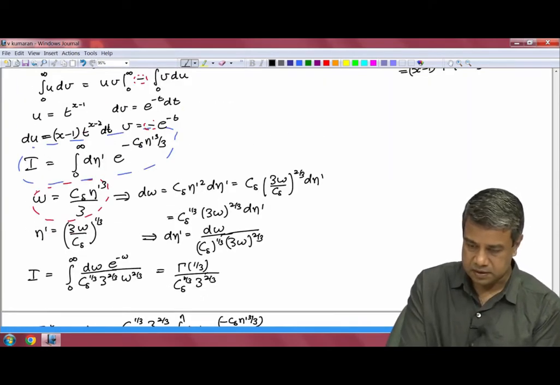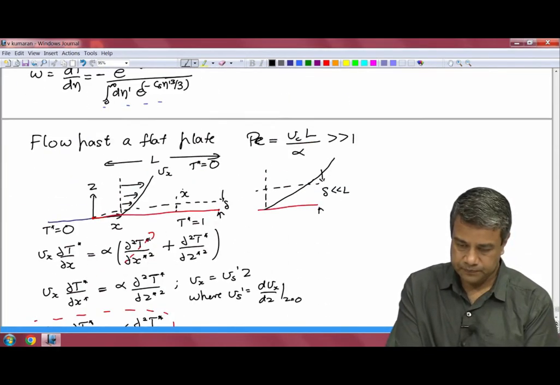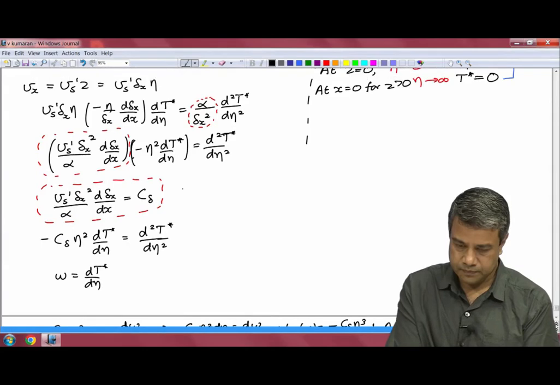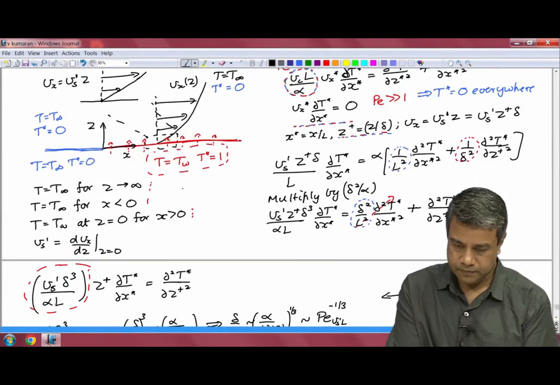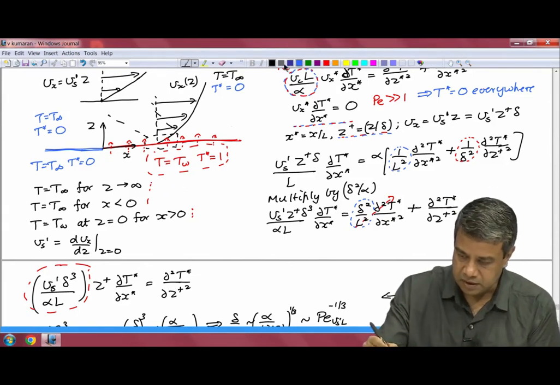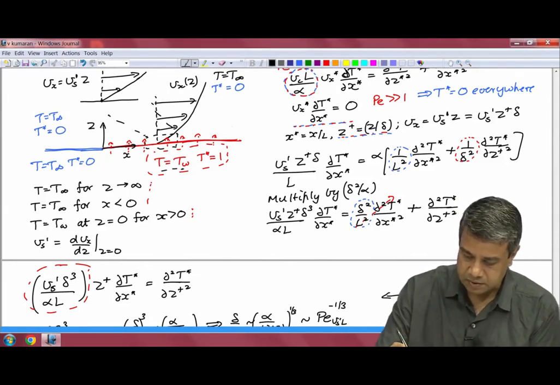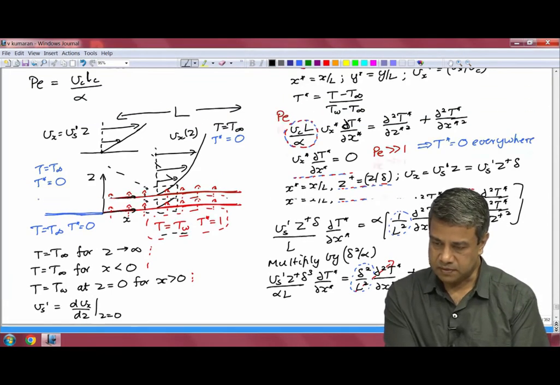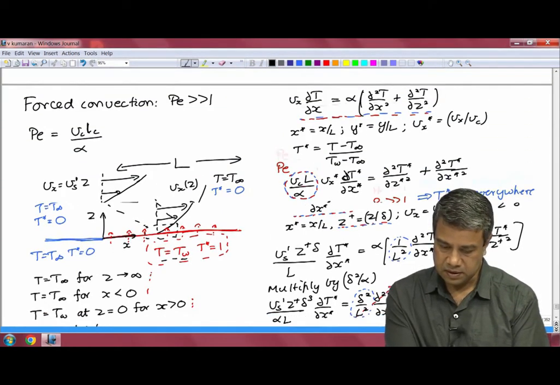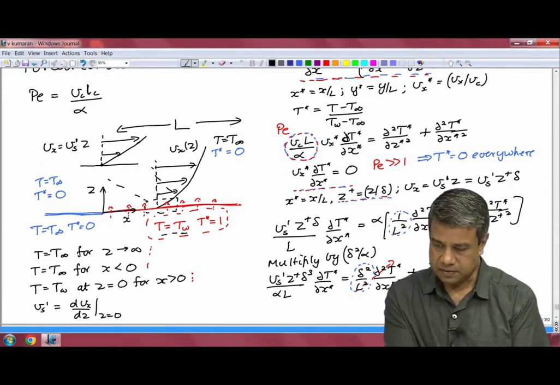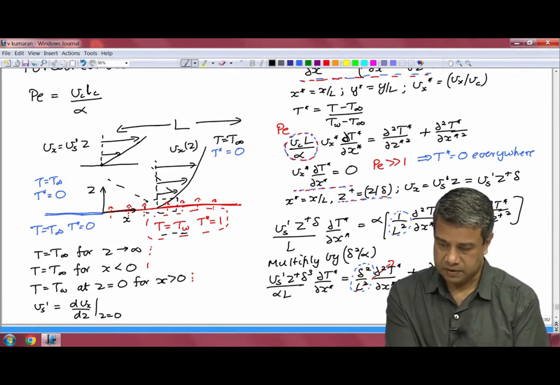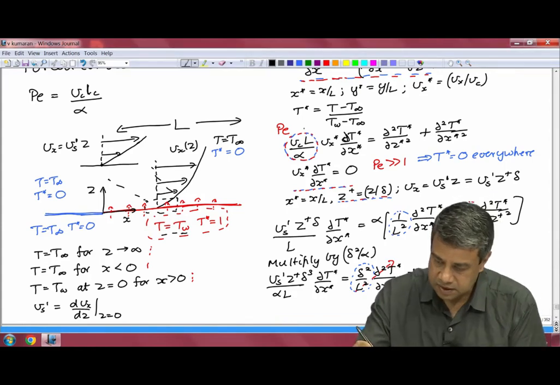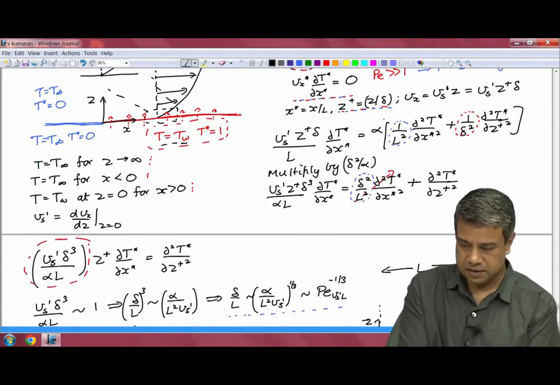Let me check the symbol I have used. Yes, I have used Tw as the wall temperature. So the scale temperature was defined in terms of Tw minus T infinity, so let me use that same expression for the scale temperature.